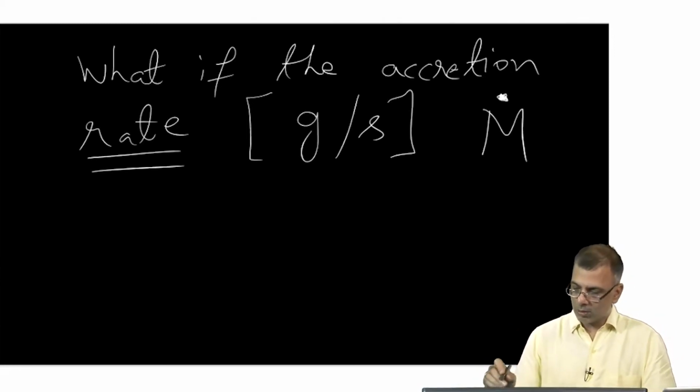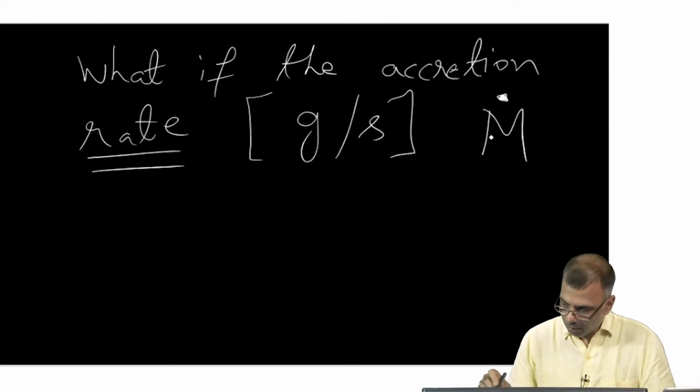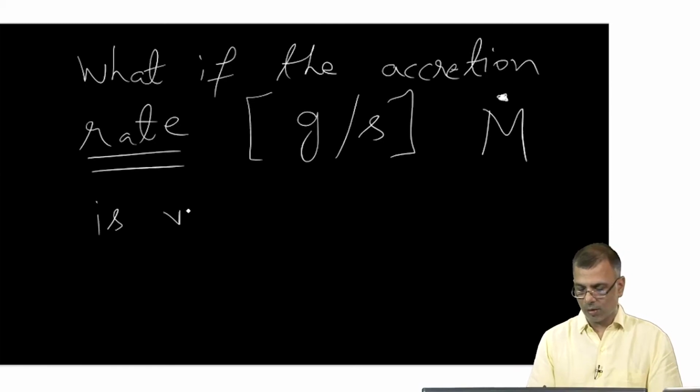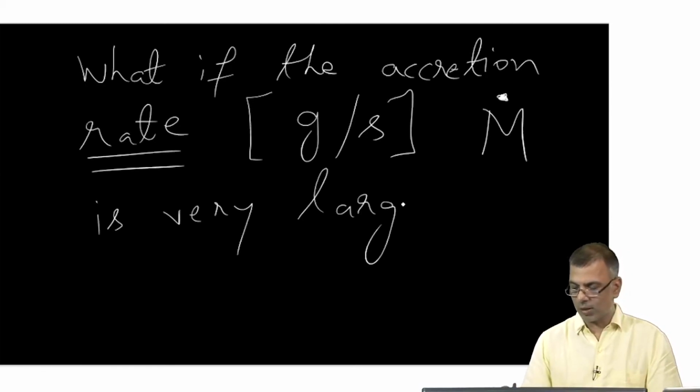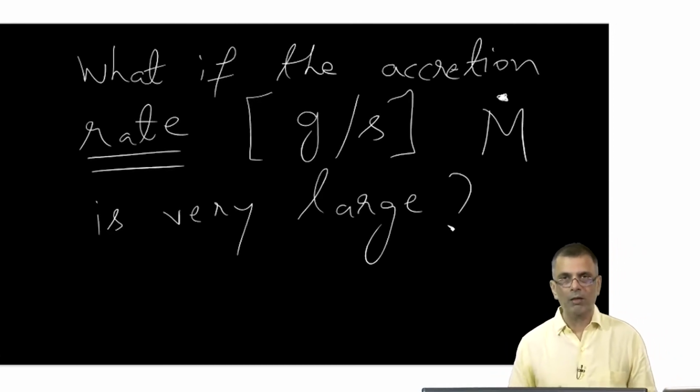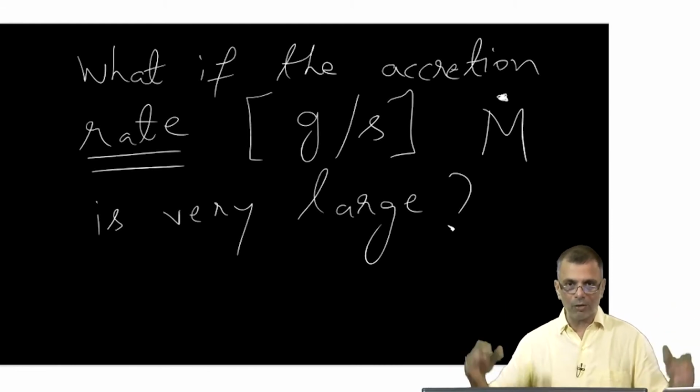So, the number of grams per second that I am accreting. What if the accretion rate is very large? What if I am able to accrete many protons within a second onto the compact object?